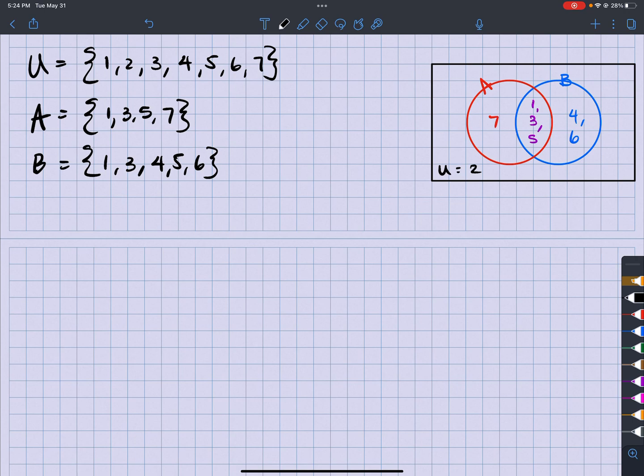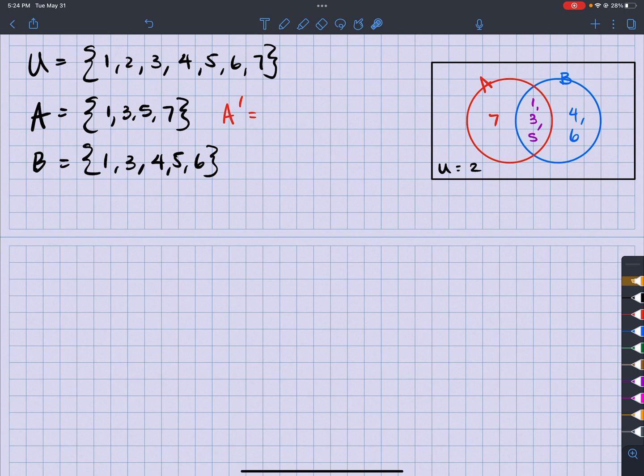So you can do it this way if you want to. Sometimes we're better at looking at this. So if I was to tell you to look for not A, right? Then for some of you guys, it's easier to see that 2, 4, 6 is not in A. Some of you guys are going to be better at looking at a list and saying, okay, I know that this is 1 through 7.